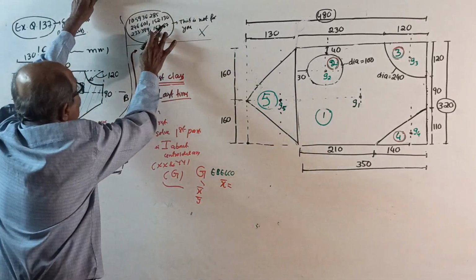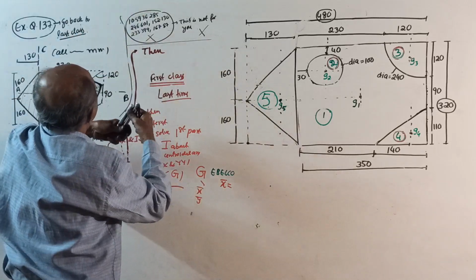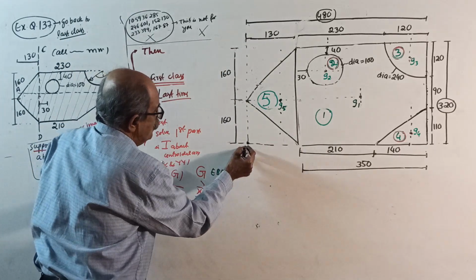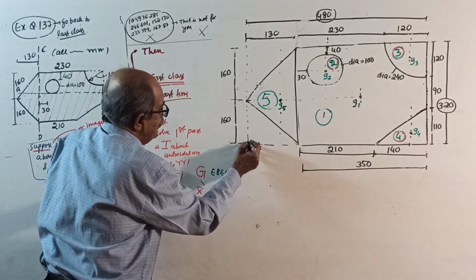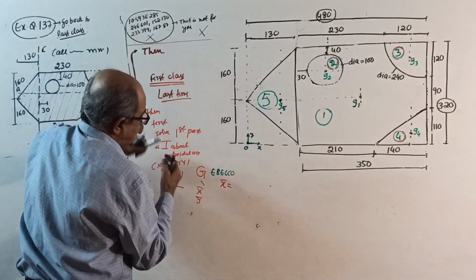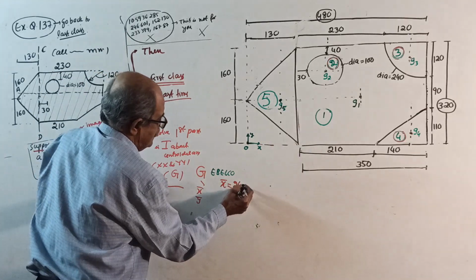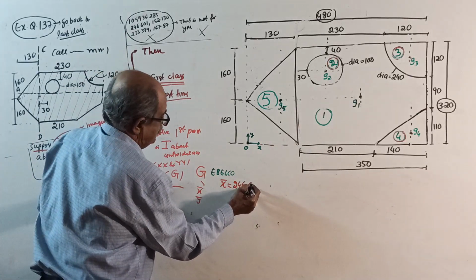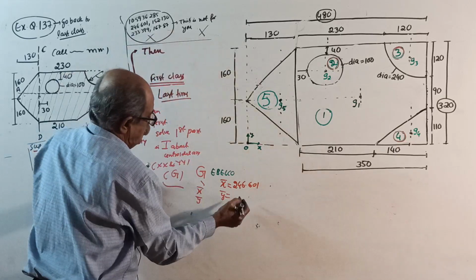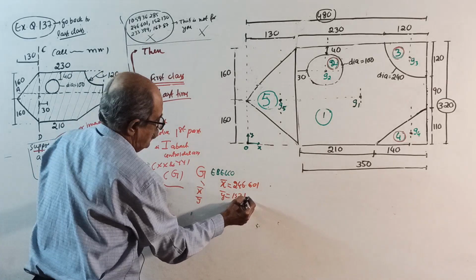Okay, so this is noted down. We got X bar with the origin O here, where we took X this way and Y this way. We got X bar 246.601 and Y bar 152.130.